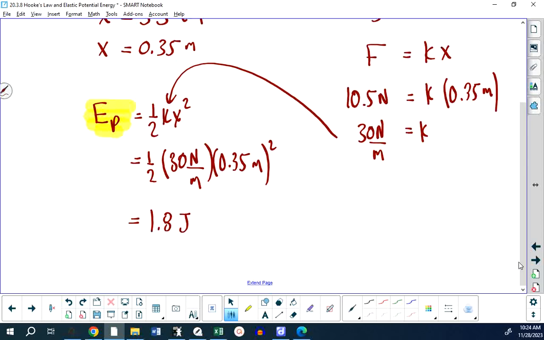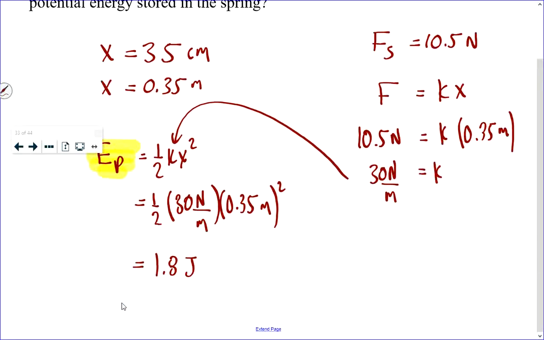Okay. Now, just put your pencils down for a second. Don't write anything I write on the board or anything I say here. I just want you to think about it. So this is what we did to solve this problem. And it's correct. Somebody comes along and says, well, I'm asked to determine the potential energy. The potential energy is the work done, and this student's statement so far is correct.